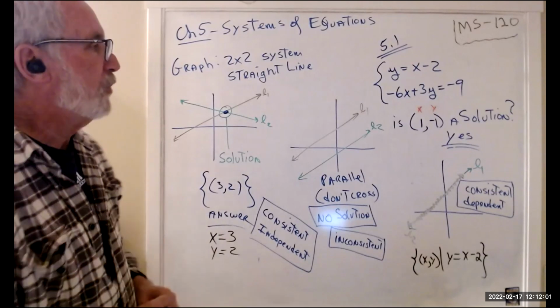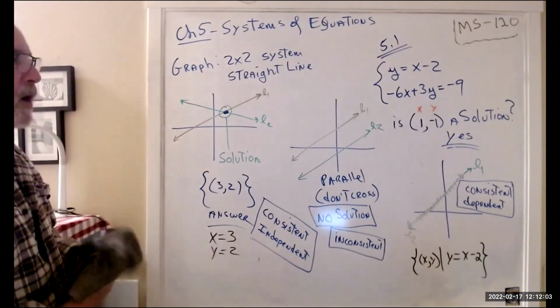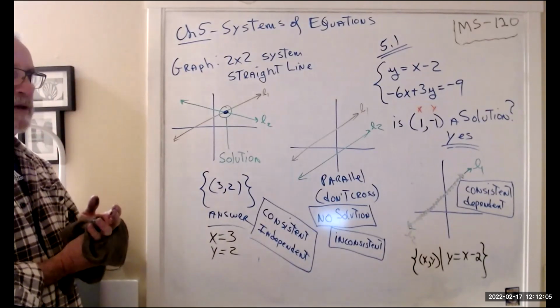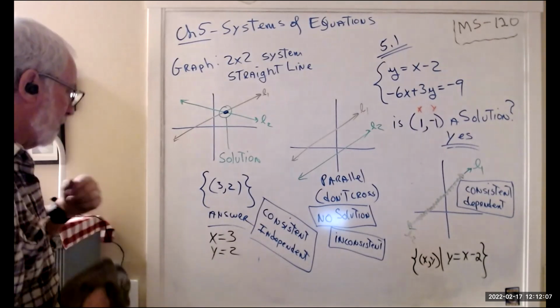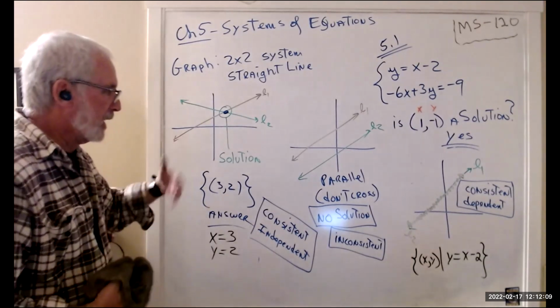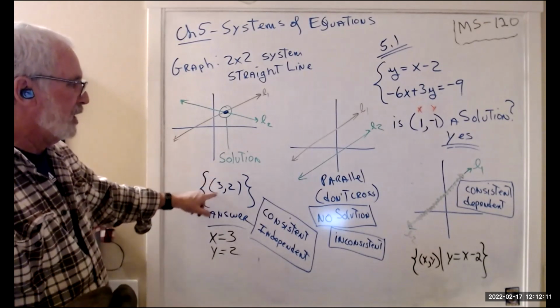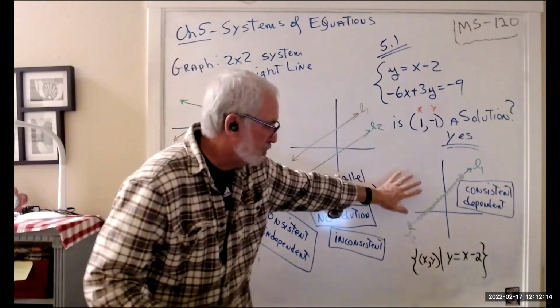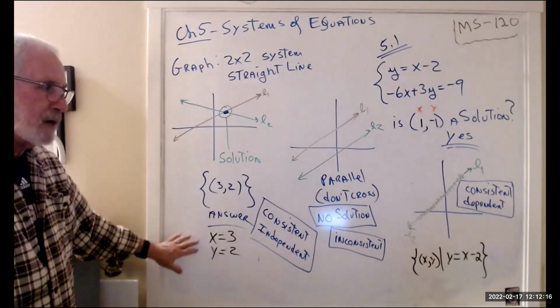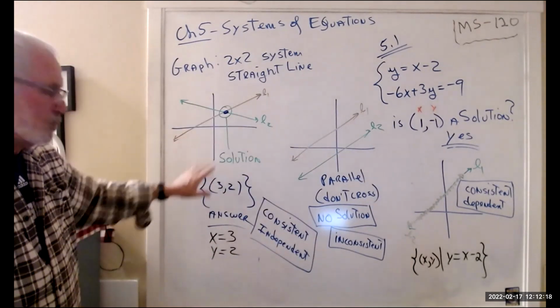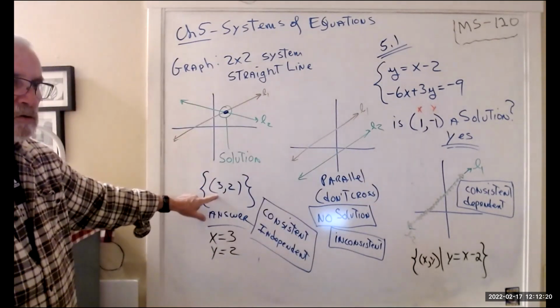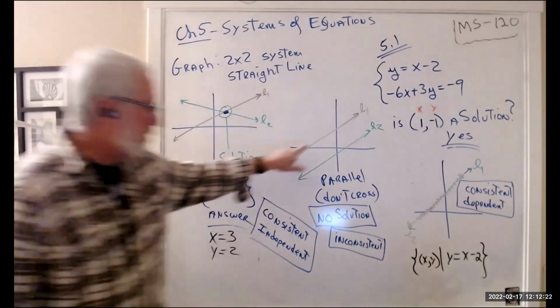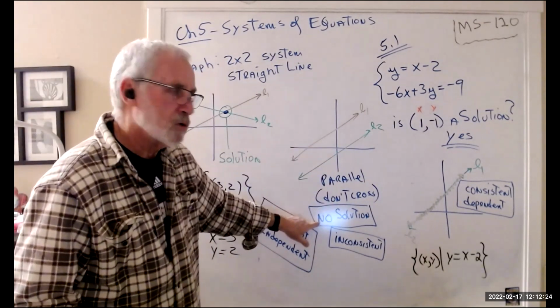All right, so I am not going to do a graphing problem. You can do graphing, but in the back of your mind, you're thinking of these three pictures with these types of answers. If they cross once, there's your solution. If they're parallel, you say no solution.